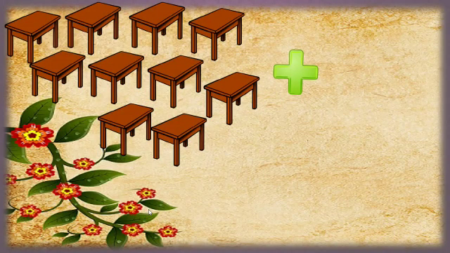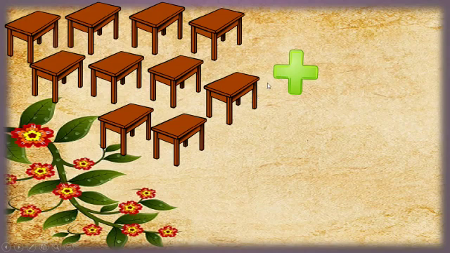Our last question is, we have 10 tables. How many tables do we have? 10. Count it with me. 1, 2, 3, 4, 5, 6, 7, 8, 9, 10. 10 tables.